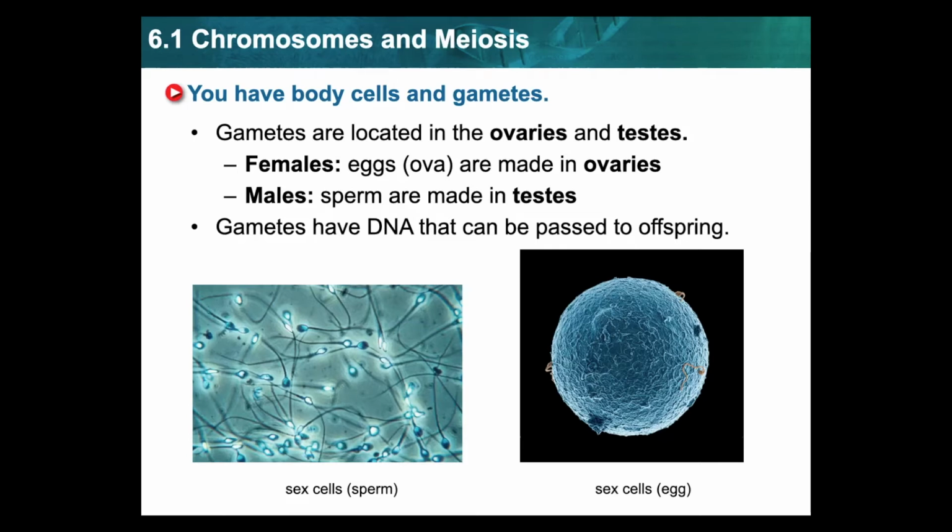So the sperm really only contains DNA. They're very, very small. But for the egg, it contains DNA along with nutrients for the new organism and all the organelles. And so it has copies of every organelle along with nutrients. And that's why eggs are so big in size compared to the sperm.